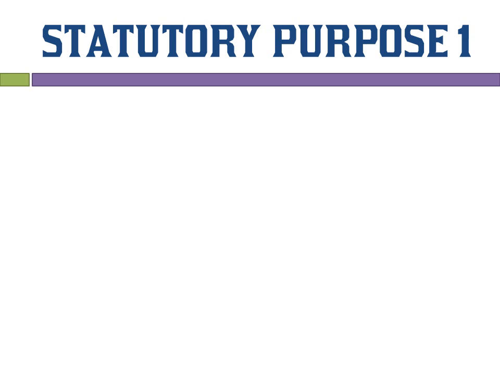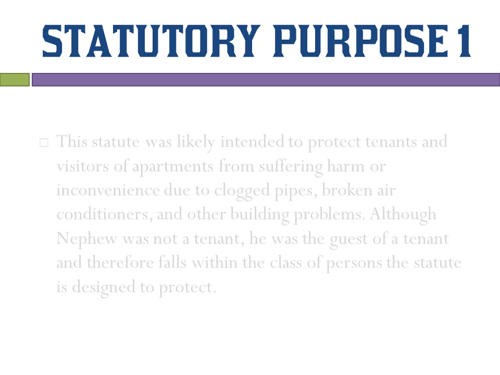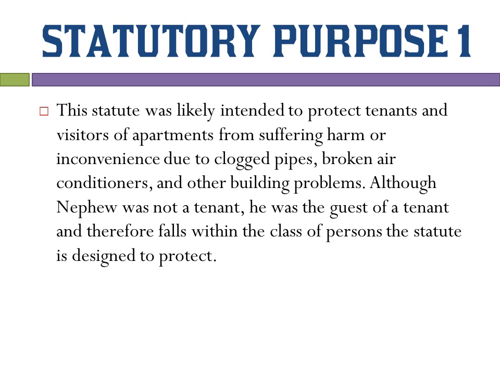So first we're going to talk about whether the statute was intended to protect people in the same class as nephew. What I wrote is that the statute was likely intended to protect tenants and visitors of apartments from suffering harm or inconvenience due to clogged pipes, broken air conditioners, and other building problems. I don't know for sure why the statute was passed, but that's my best guess as to why we would have a statute that says you have to keep apartments in good repair.